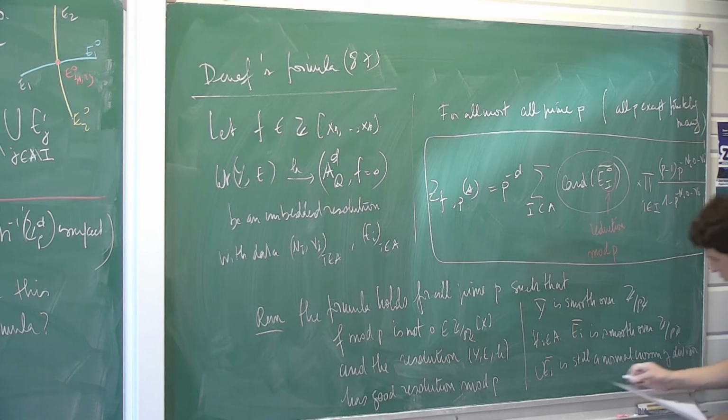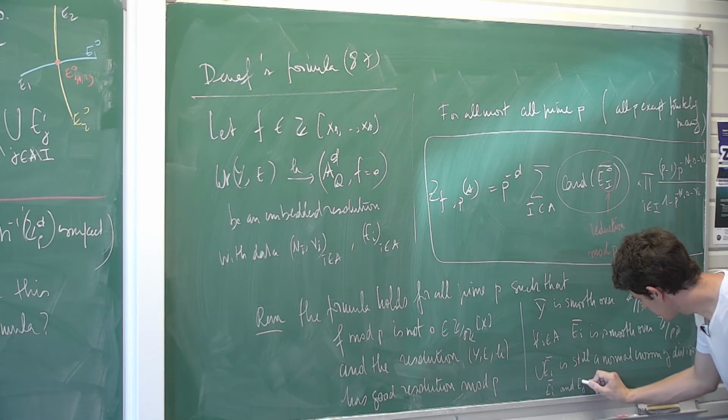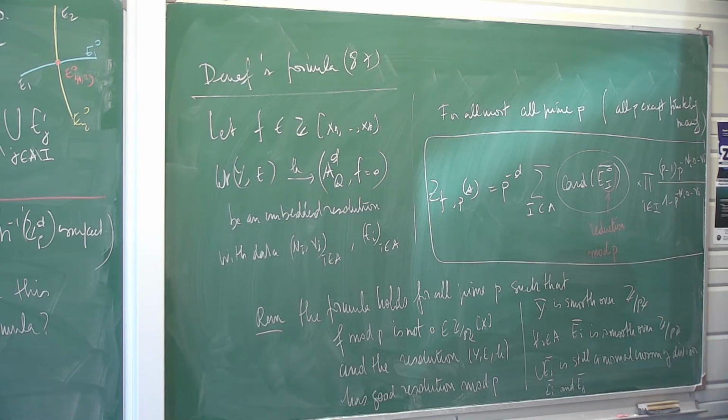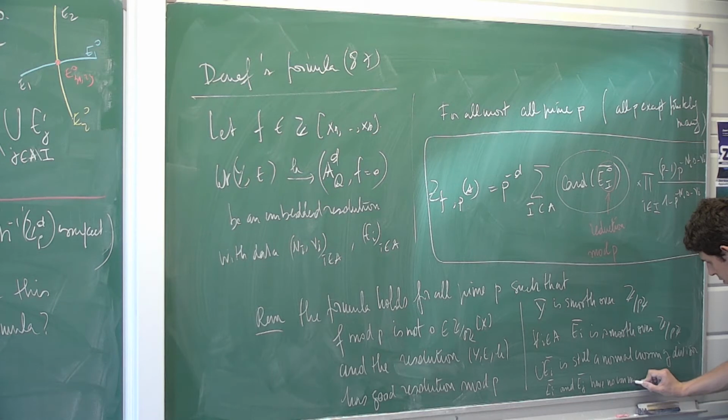And when you look at the reduction modulo p of two components, maybe some irreducible component appears after reduction mod p, but you impose that if i is different from j, then there are no common irreducible components.